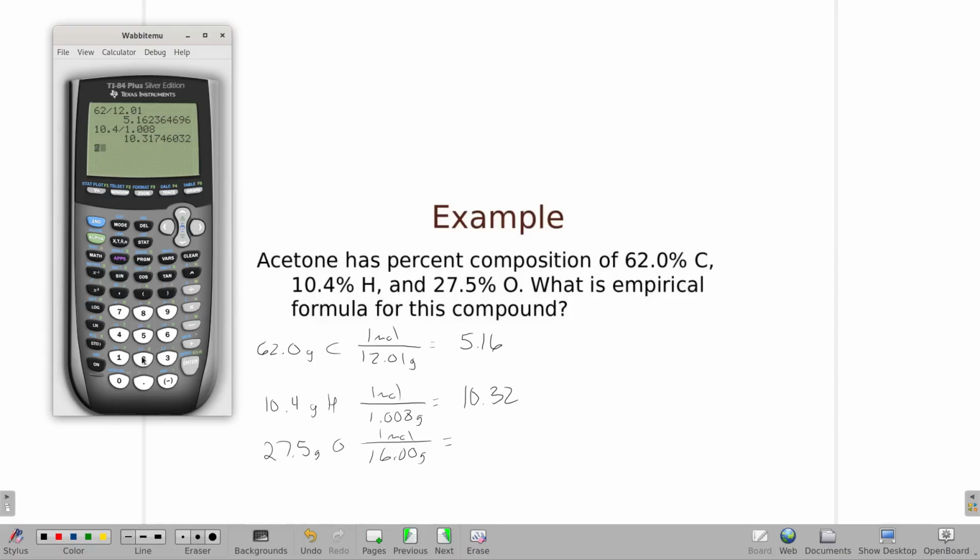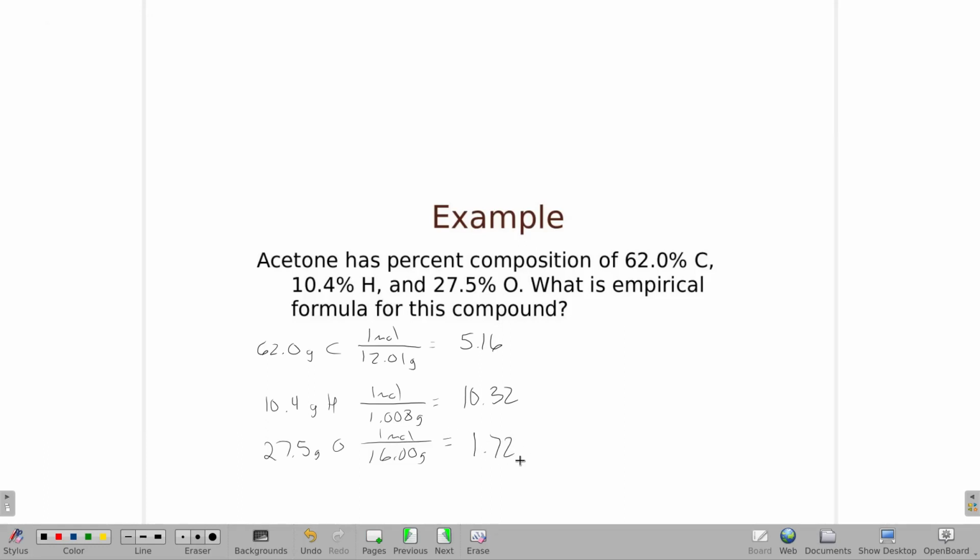And 27.5 divided by 16. Now sometimes it's really easy to see the nice little ratios going on when you get to this step, but when it's not, we just take all these numbers and divide all of them by whichever value is the smallest. So that's definitely 1.